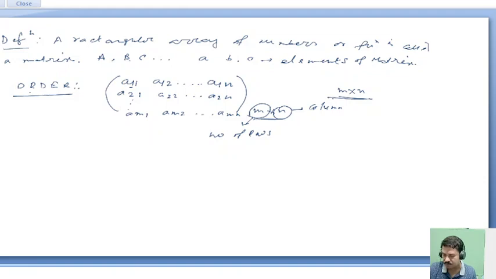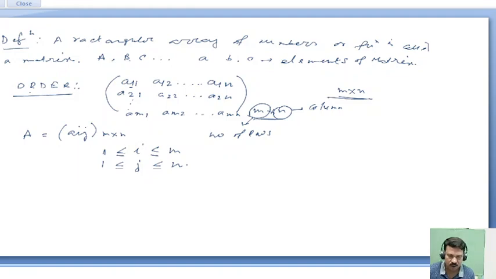We write this in abbreviated form as A equals Aij, m cross n, where 1 is less than or equal to i, less than or equal to m, and 1 less than or equal to j, less than or equal to n.